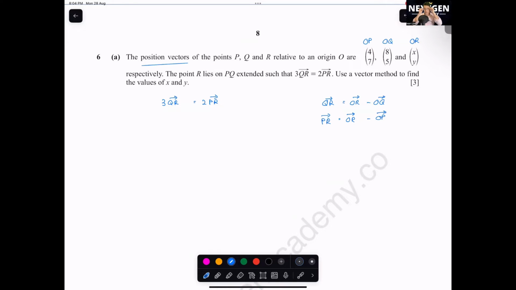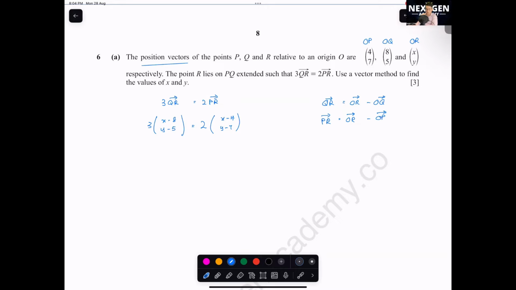This is what we learned in vectors. So I'm just going to expand it by using this value here. So OR minus OQ. Okay, so here you get what? 3(x minus 8, y minus 5) equals 2(x minus 4, y minus 7).